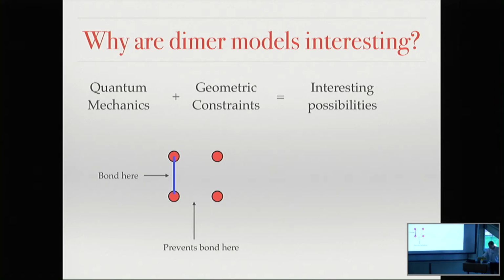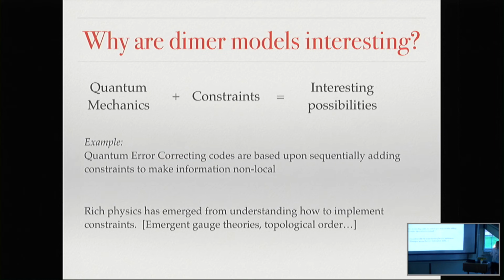Okay. And I don't know if this is going to resonate with everyone, but one way I like to think about how adding constraints makes rich physics with quantum mechanics is thinking about some quantum computing things, about stabilizer codes, error correcting codes, where essentially you take some bunch of spin 1/2 and you add constraints, and lo and behold, you add enough constraints, you get your information delocalized and it's protected from any local thing you could do to it.